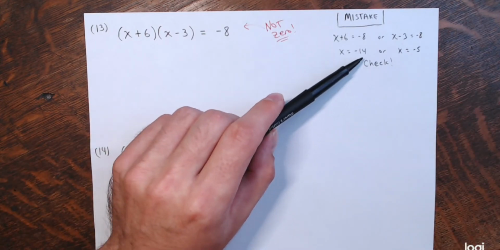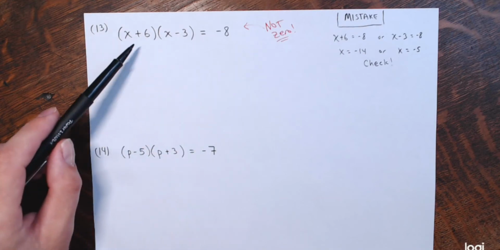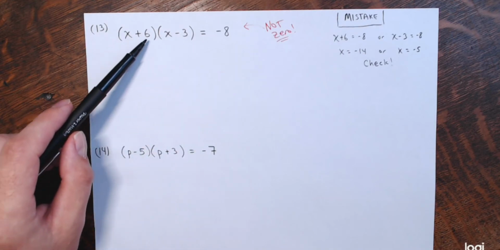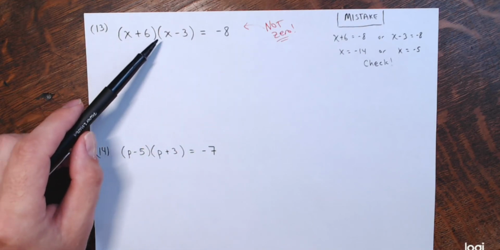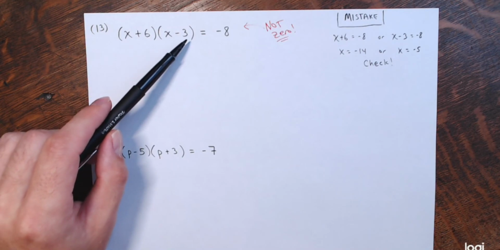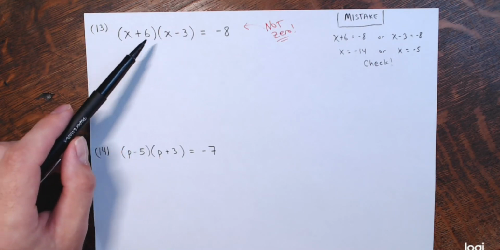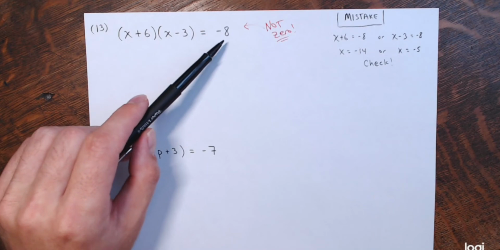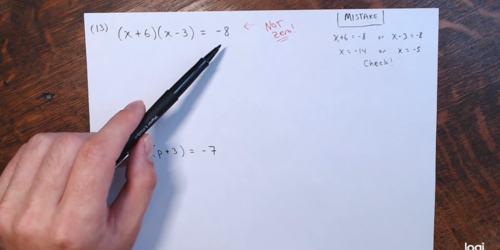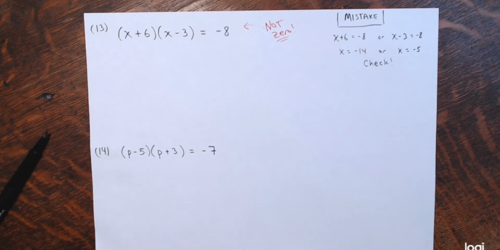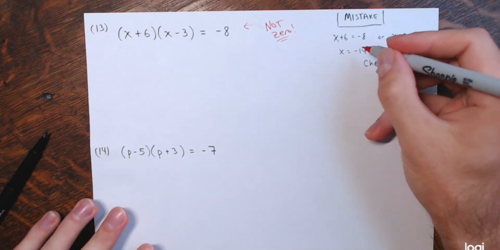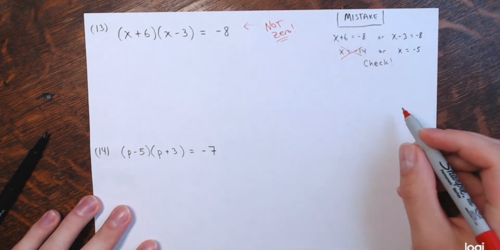If x is negative 14, well, negative 14 plus 6 is negative 8. Negative 14 minus 3 is negative 17. Is negative 8 times negative 17 equal to negative 8? No, it's not. Negative 8 times negative 17 would be a positive 136, not negative 8. So that is not a good solution.